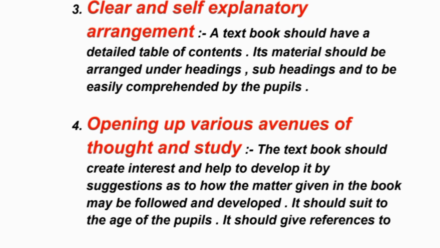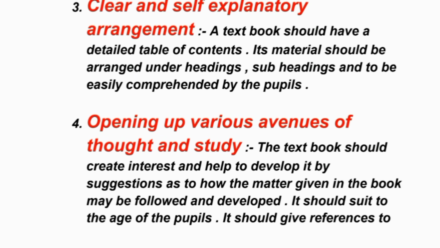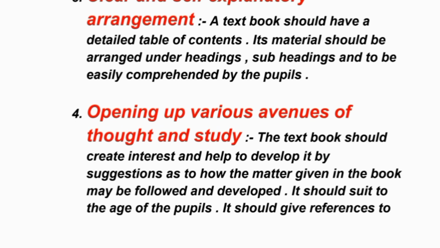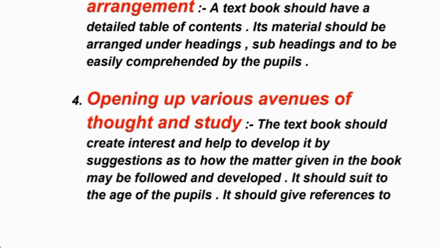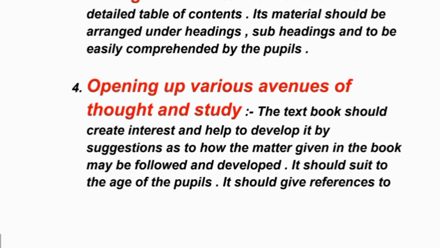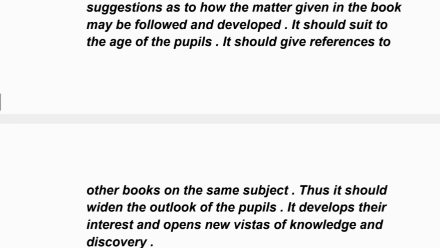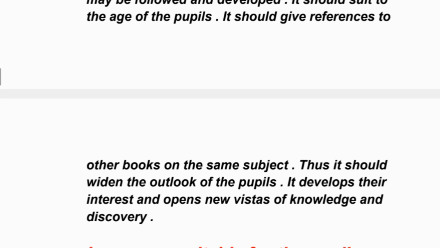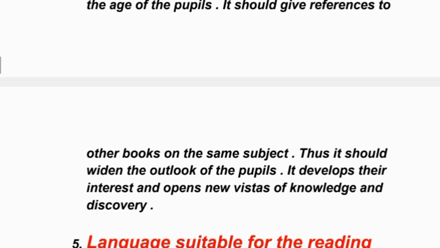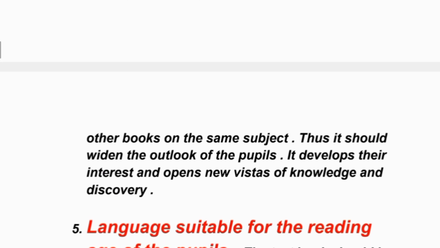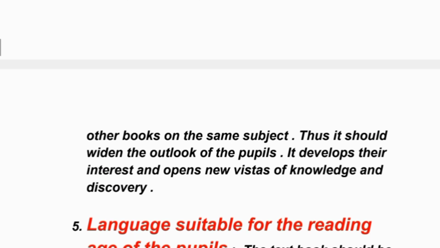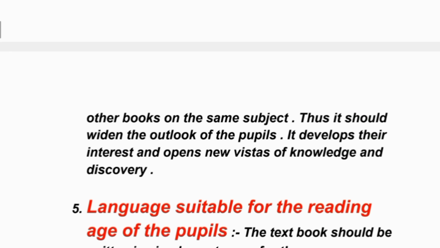Textbook should create interest and help to develop it by suggestions as to how the matter given in the textbook may be followed and developed. It should suit the age of the pupils. It should give references to other books on the same subject. Thus, it should widen the outlook of the pupils. It develops their interest and opens new vistas of knowledge and discovery.